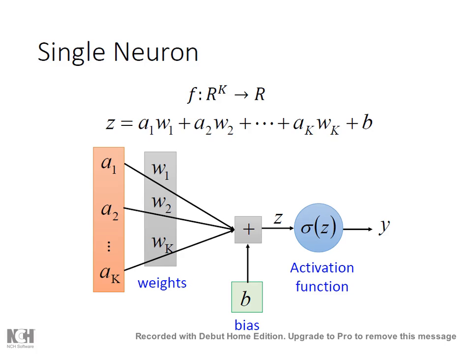Okay, any problem? It's a very simple architecture for a single neuron. We have only one neuron here, so everything is summarized together in the neuron, and with the activation function we can output the data Y.